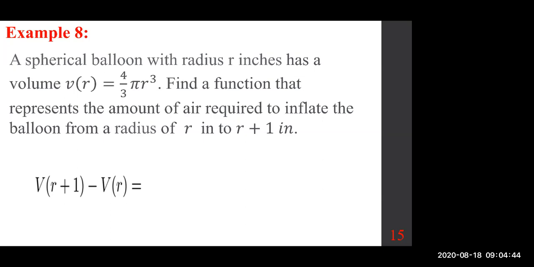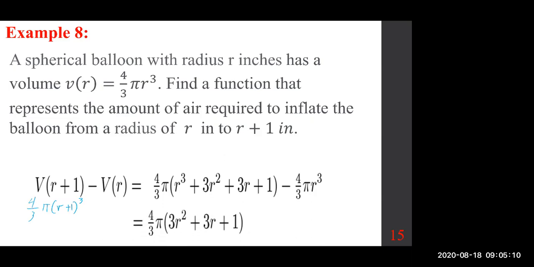Basically 4/3 pi times now r cubed, that means r plus 1 cubed. That's the idea, okay, class? And you do the math, you simplify, and that becomes your final answer.